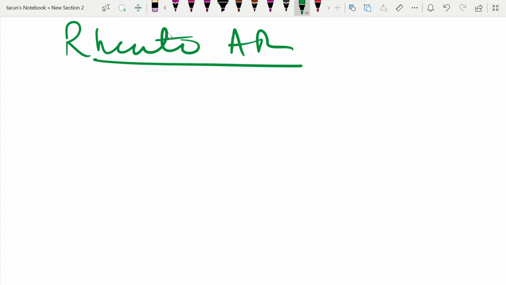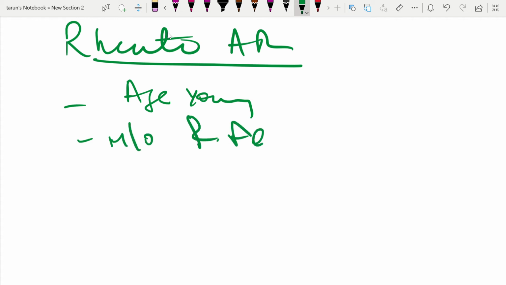So what are the features of rheumatic aortic regurgitation? Age is young. There is a history of rheumatic fever. Involvement of the other valves will be there. Diastolic thrill is usually absent in rheumatic.